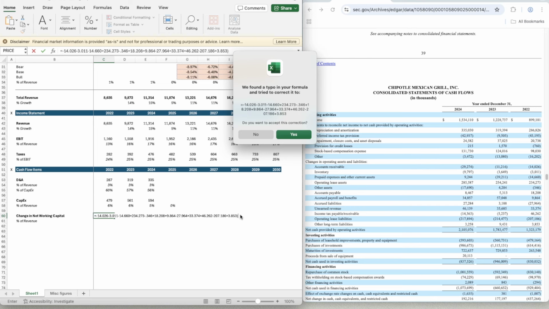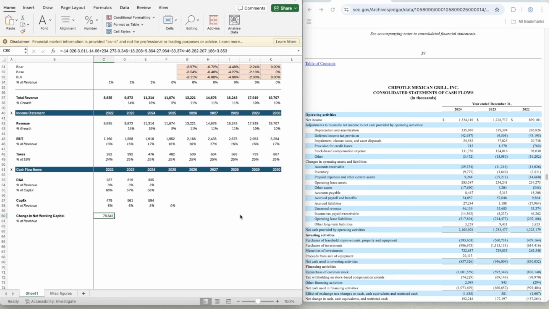What would the typo be? 78, that's the right answer from when I did it before. So okay, that's fine.